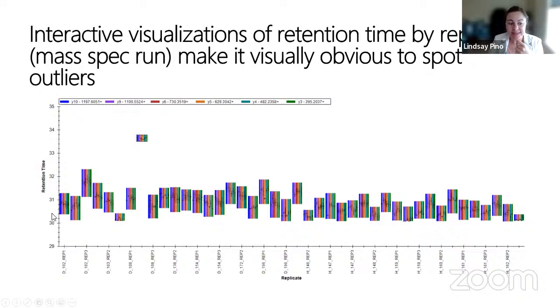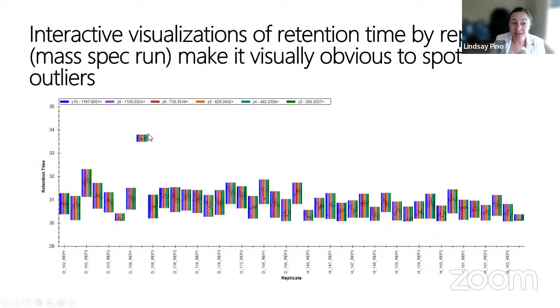In the box is the start of the chromatogram, the start of that peak, and then the end of that peak. And if you look across, there's a little bit of wiggle room for all of these samples. Retention time isn't perfectly reproducible across different samples because each sample has a very slightly different matrix, and even slight differences in matrix will change the retention time just a little bit.